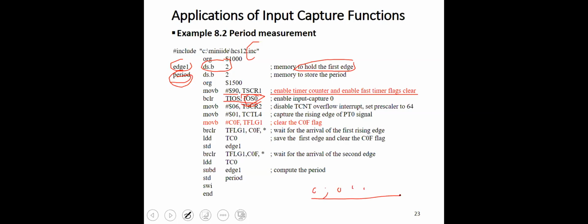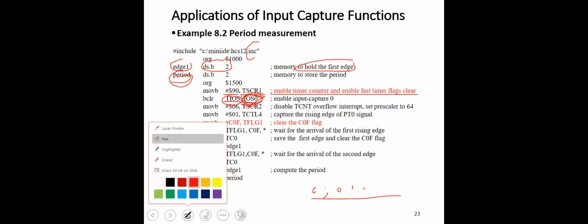It is all zeros. If you go to this register, in order to enable the input capture on channel 0, you need to store a 0 in bit number 0. So if you look at the include file, this label or this value basically is zeros. So it is just to make it easier for you to work with names. So this is IOS 0.